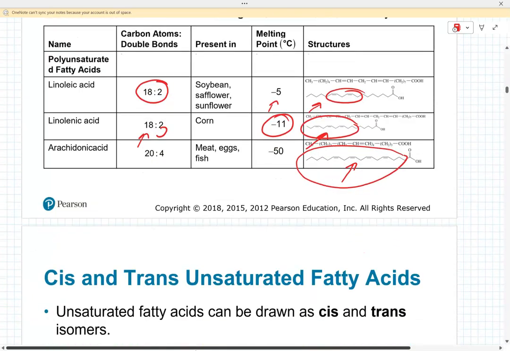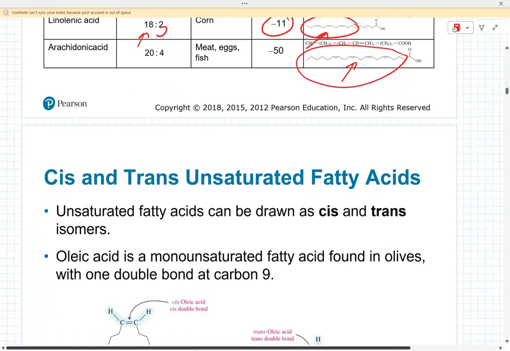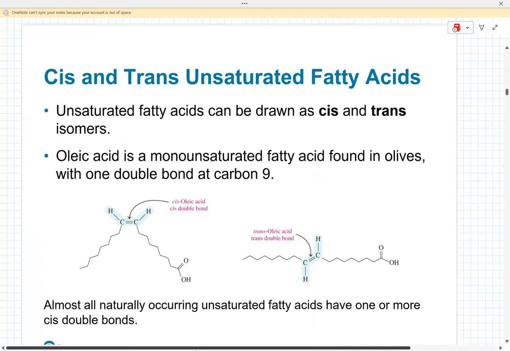And we're going to discuss why it happens, but to understand this, we need to remember about cis versus trans isomers. Okay? So I want you to take a look at these 2 examples of oleic acid, the monounsaturated fatty acids with 18 carbons.